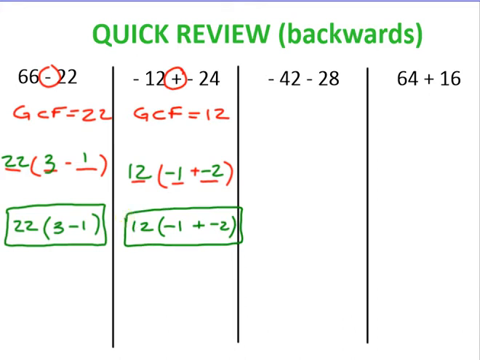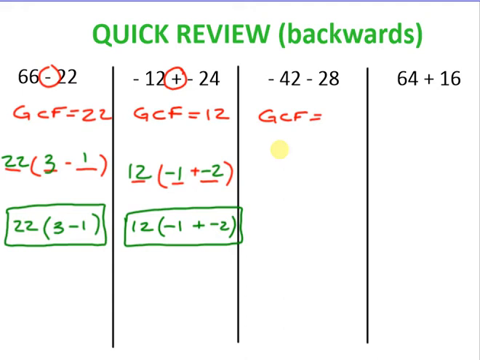All right. For the next problem, we have negative 42 minus 28. So it looks like our GCF there is, let's see, 7, or is it 14? Let's see, does 14 go into it? It's 14.